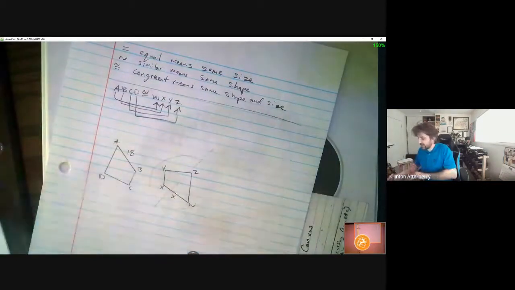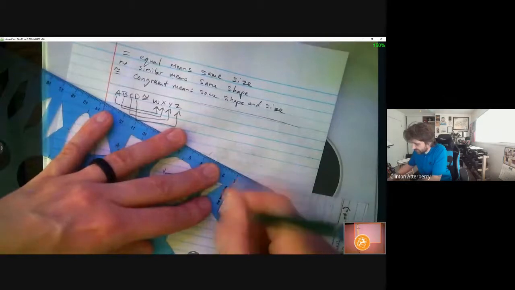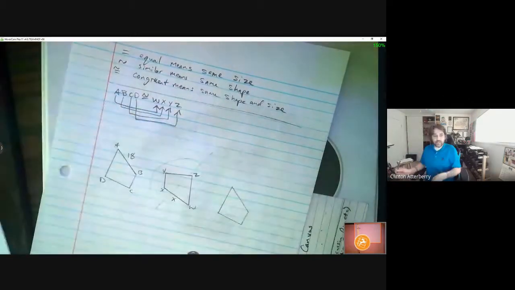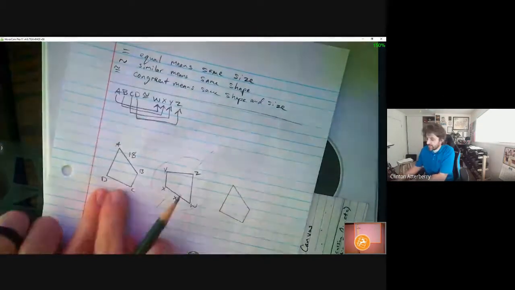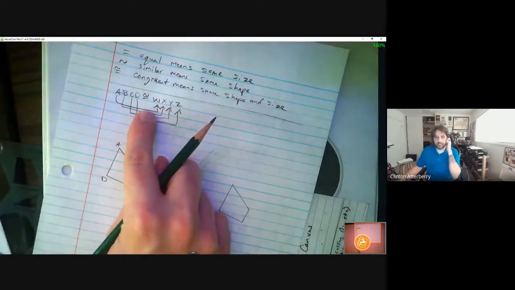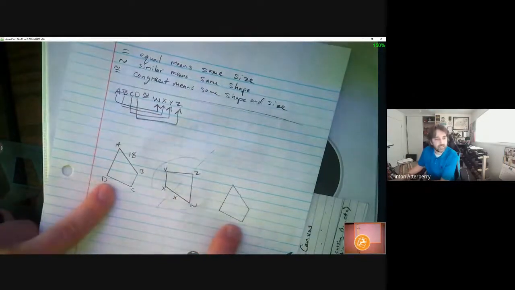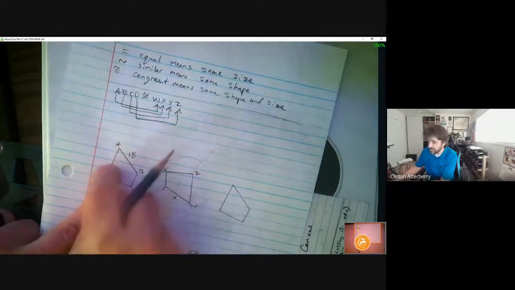I highly recommend having a ruler or something out and trying to draw these kinds of shapes that you see on the screen and try to recreate them. Since it said that they're congruent, that means they're all going to be the same. That means you can twist and turn this around so it looks like the other one. You see how it says ABCD, and this is WXYZ.